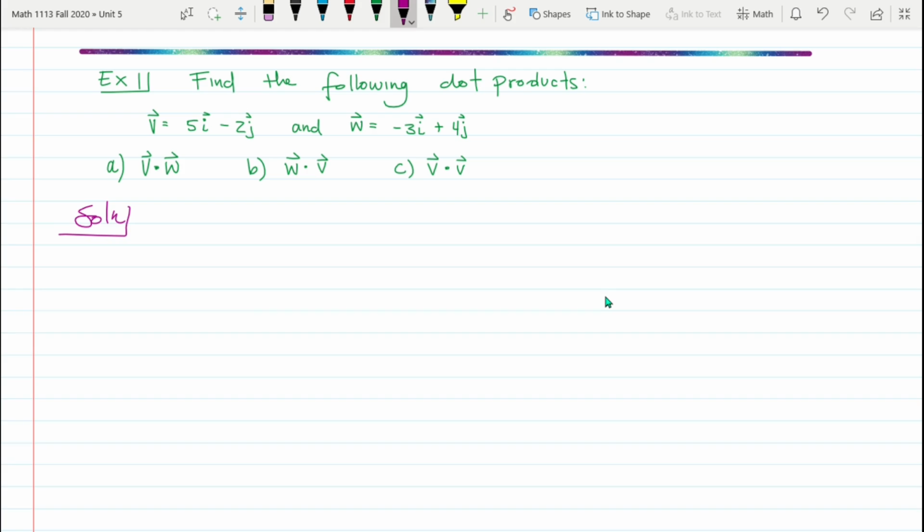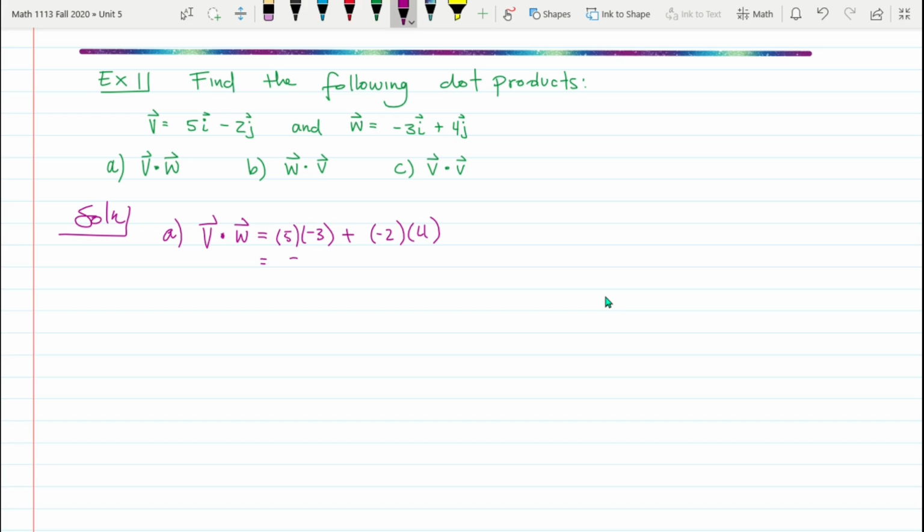You're given the following vectors, v and w, and we want to find the following dot products. v dot w is the same thing as 5 times -3 plus -2 times +4. So these are the horizontal components, the x direction values, and these are the y direction values, if that makes sense.